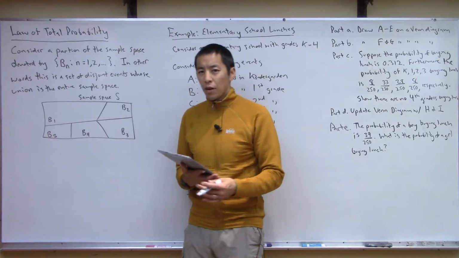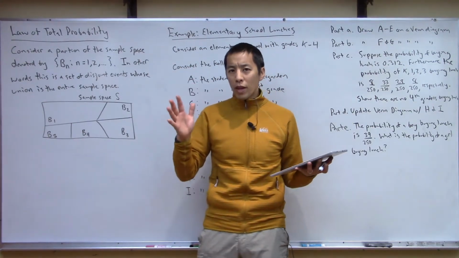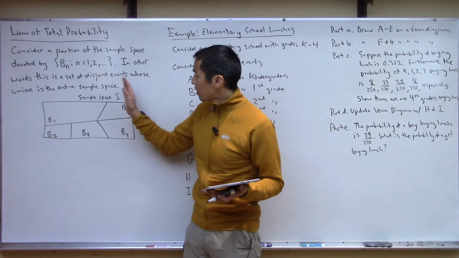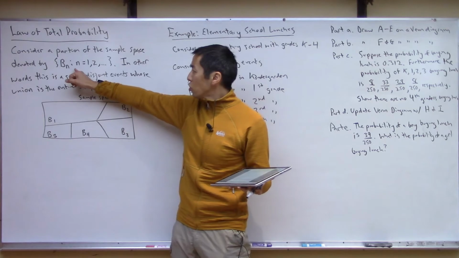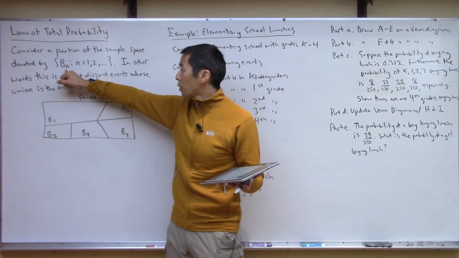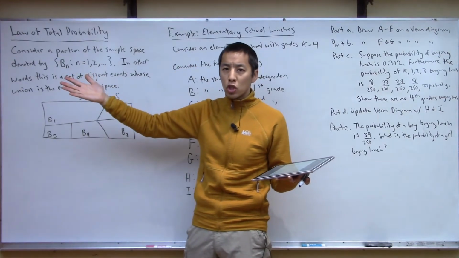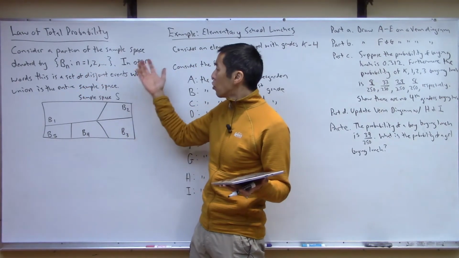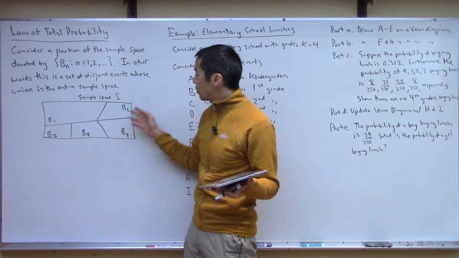All right, so the last thing I want to cover today is the law of total probability. The way this works is, let's consider a sample space S, and we're going to partition this space into a partition denoted Bn, where n can go from 1 to however many partitions you'd like. The idea with a partition is that you have a set of disjoint events.